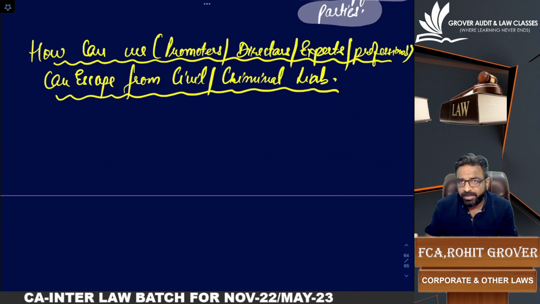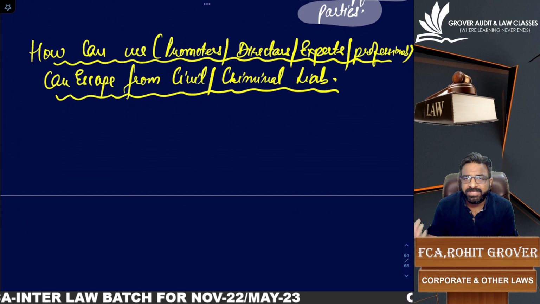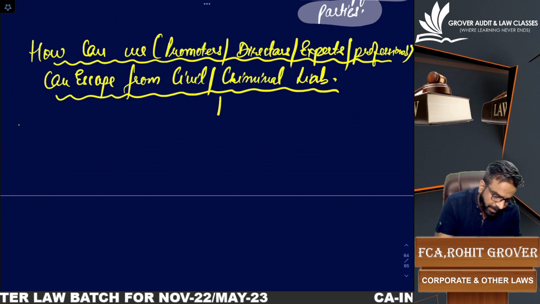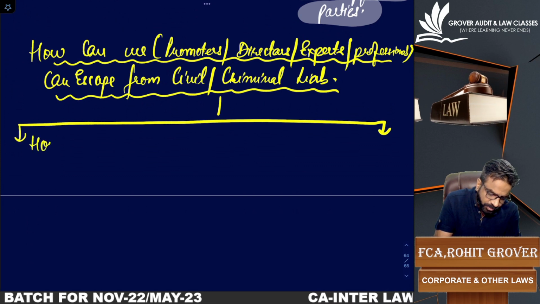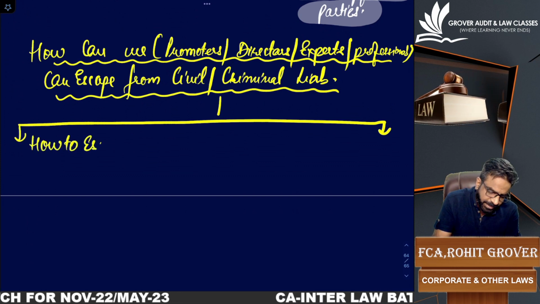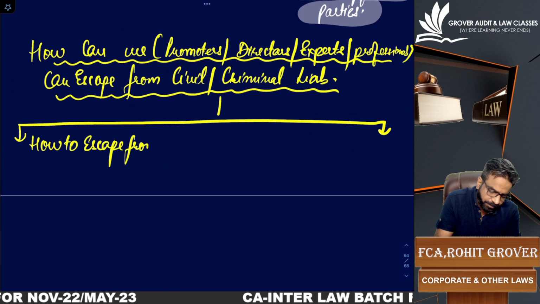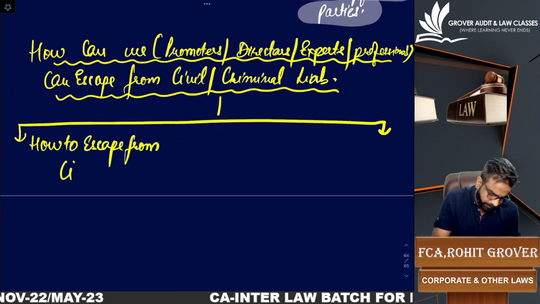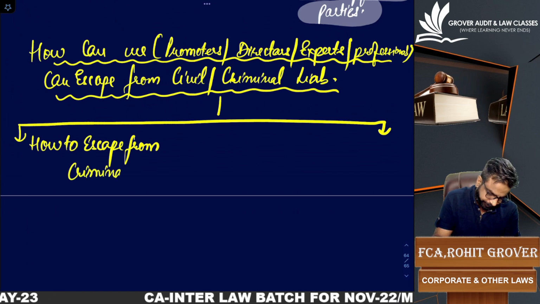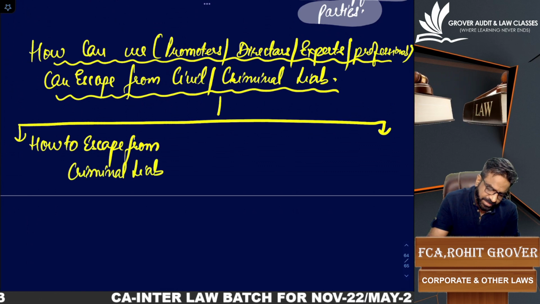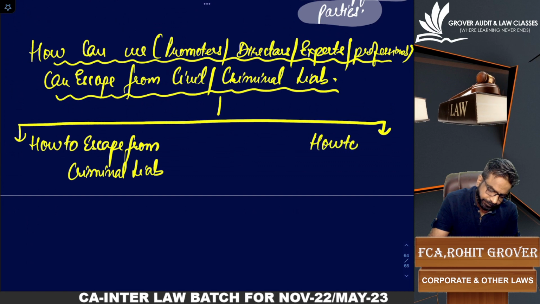Now, how can we escape from the civil penalty and how can we escape from the criminal penalty, everyone? There are two penalties. How to escape from criminal, and how to escape from which one?